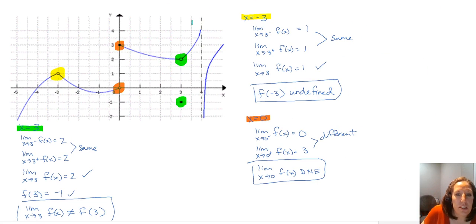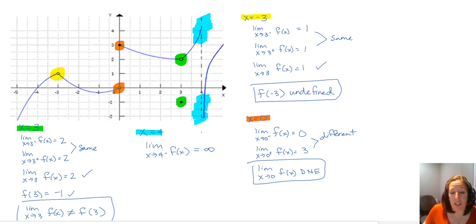And then our last one is where x is equal to 4. When x is equal to 4, we see that the limit as x approaches 4 from the left is going up to positive infinity, and we can really stop right there, because that means the limit as x approaches 4 in general is not a finite number.